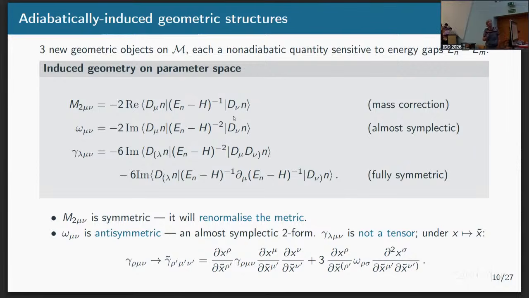And then we get a fully symmetric expression given here, which is not a tensor under the change of the coordinate system. It transforms like a connection, which we will see in a moment. So these are our new geometric ingredients appearing in the effective Hamiltonian for the electronic degrees of freedom.